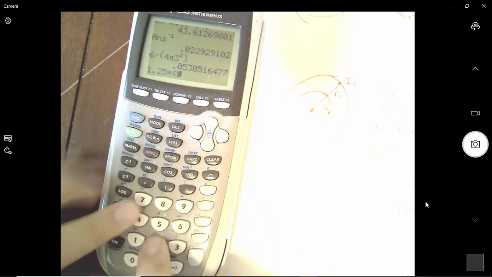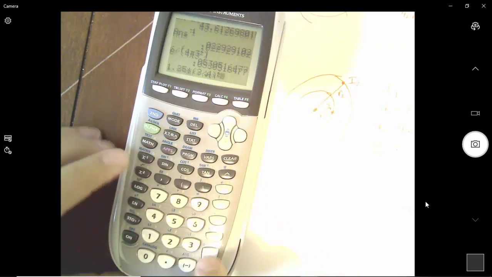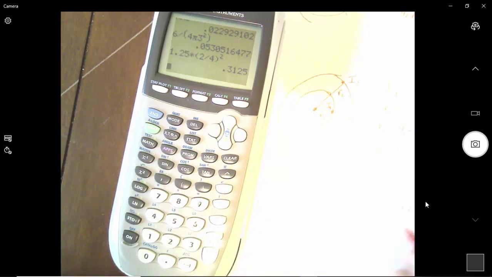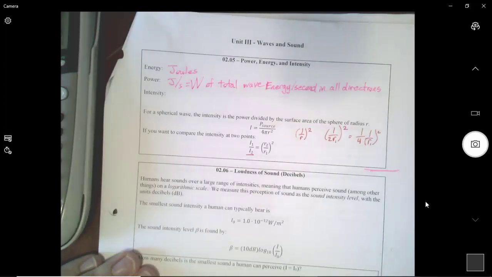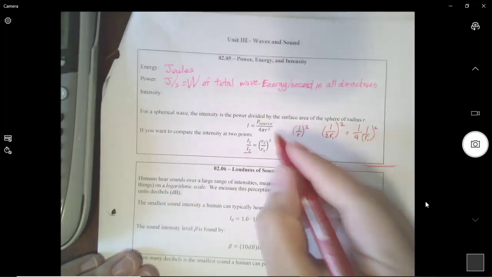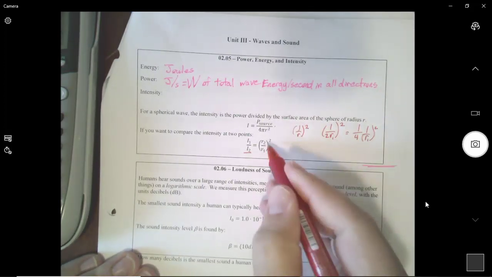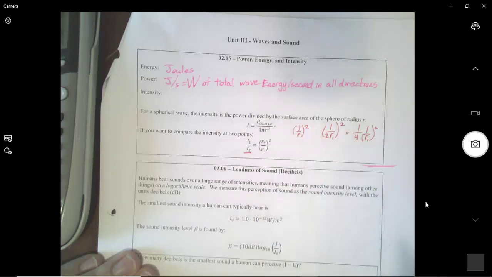But 2 over 4 quantity squared, I guess it's not that bad. 0.31, and then if we use right sig figs, we get that. Okay, so that is how you calculate intensity from a source, or how intensity scales from 2 different distances from the center where the source is.